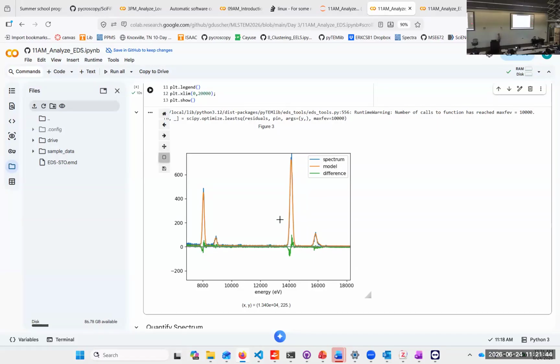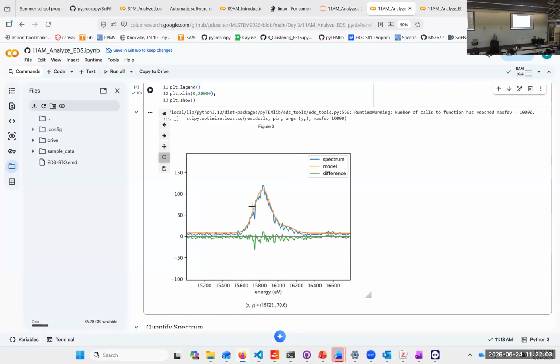whole family of peaks. So I know exactly how, so this one is strontium K, I guess. So I fit this peak here and this peak here. And I do not change the relative height of these peaks. And you see it, I don't have to because it works, right?